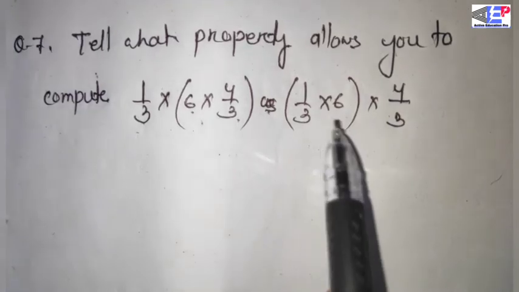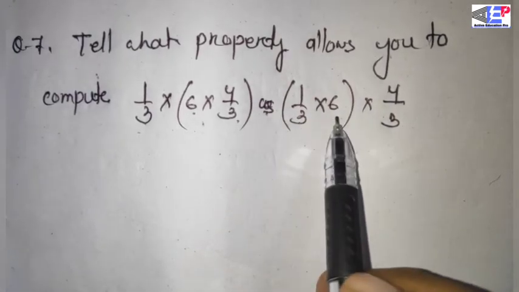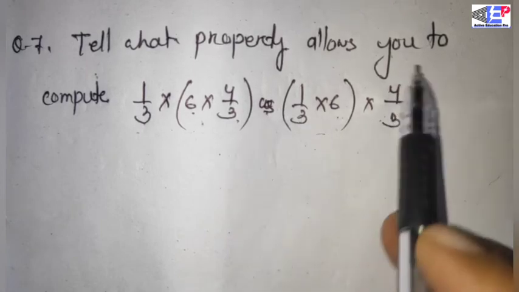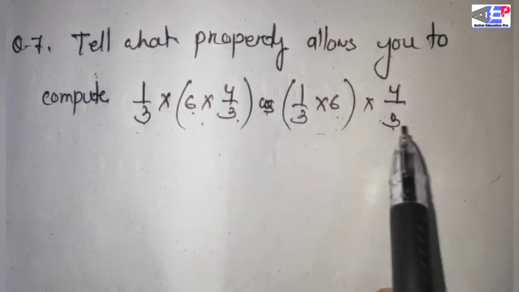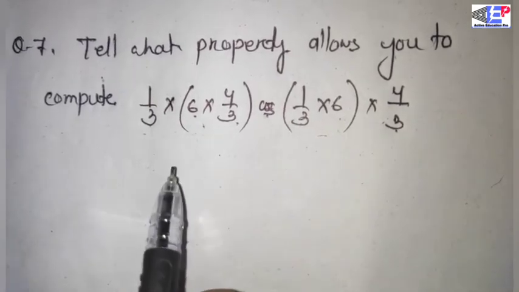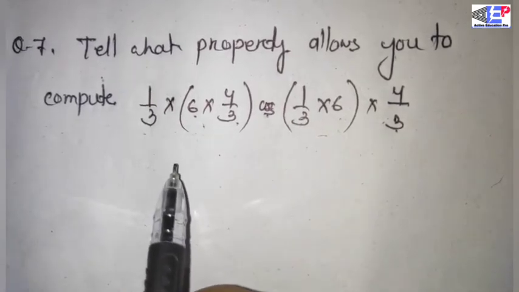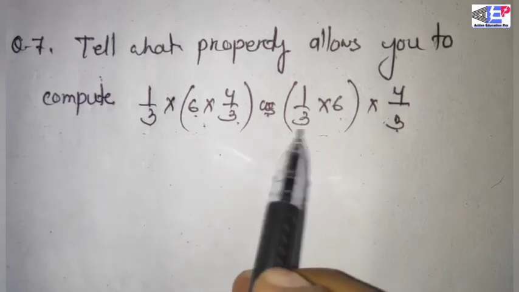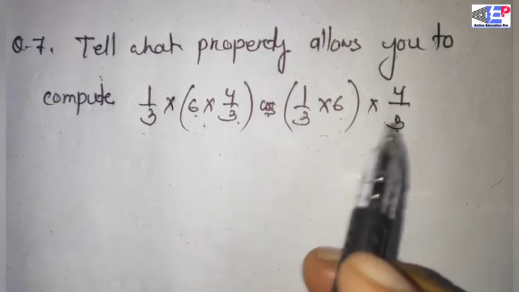In the next case, we first multiply the first and second, then multiply the total product with the third one. It follows the associative property, meaning the order of how you group the multiplication: the last two terms then the first one, or the first two terms with the last one.